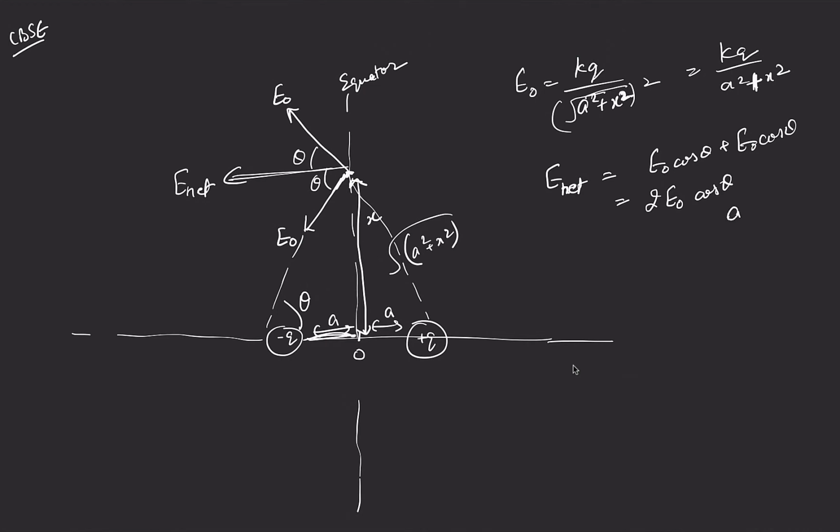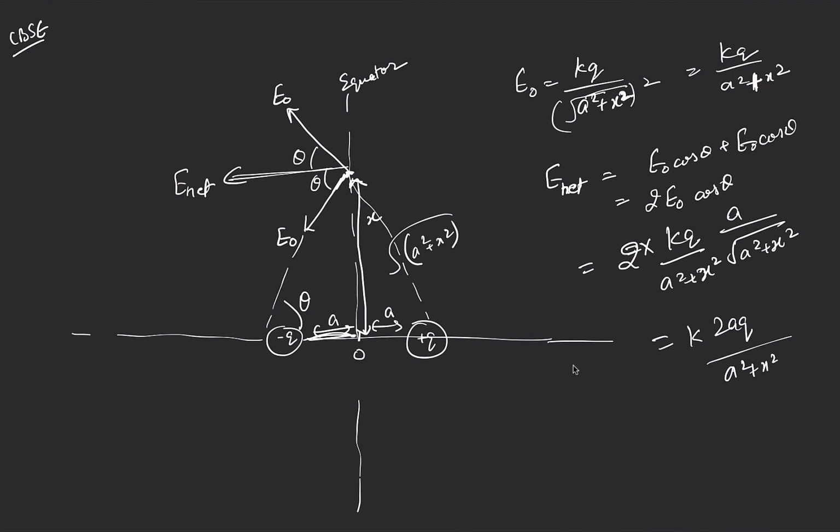Replacing E naught from above, kq by a square plus x square, this gives us E net as 2aq k times a square plus x square raised to power 3 by 2.